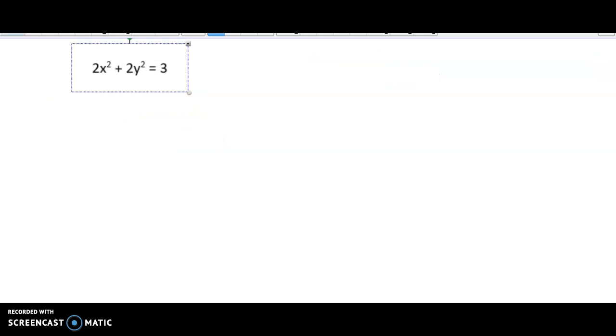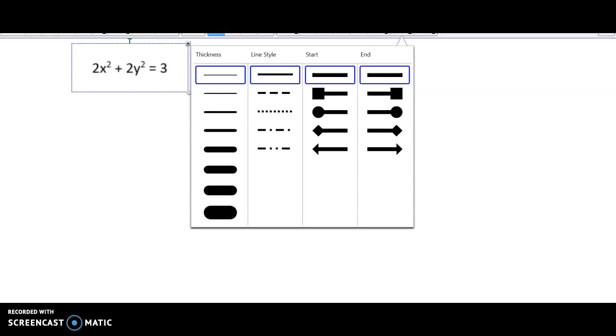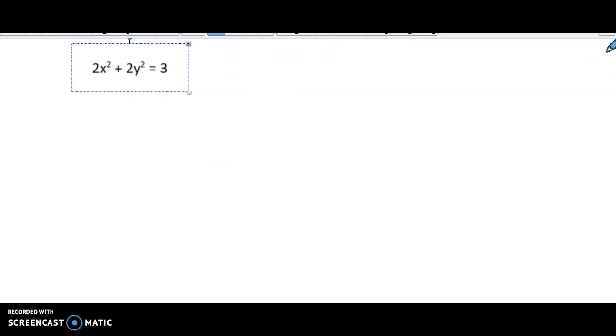In the next example, again, we want to get rid of x and y's. I'm noticing here that there is a greatest common factor of 2, so I'm going to take out a 2. So that's 2, and then x squared plus y squared equals 3.